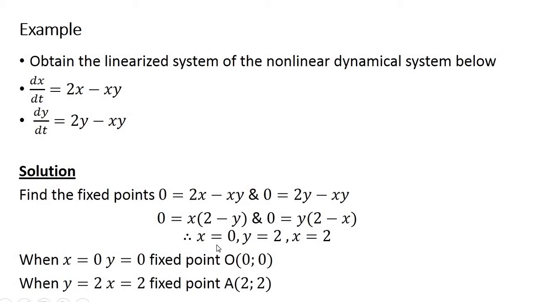For y equal to 2, the first equation gives you 0, because y equals 2 is coming from these two equations. So for you to find x, you need to use the other side: for y equal to 2, this is 4 minus 2x, which gives x equal to 2. So the other fixed point is (2, 2). We've got two equilibrium points: (0, 0), the origin, and (2, 2).